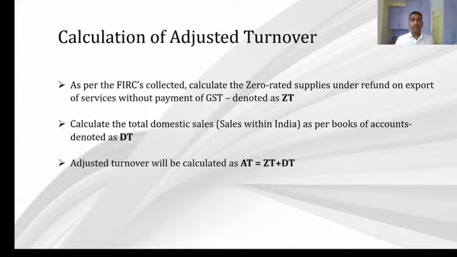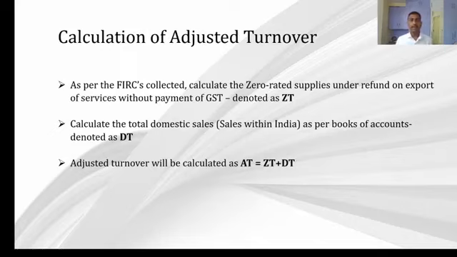And now it's time to see how the calculation of adjusted turnover will be done. As per FIRCs, what we have collected and what we have filed, based on that, zero rated supplies under refund of export of services without payment of GST, the amount of ZT, that is zero rated supplies, will be calculated.